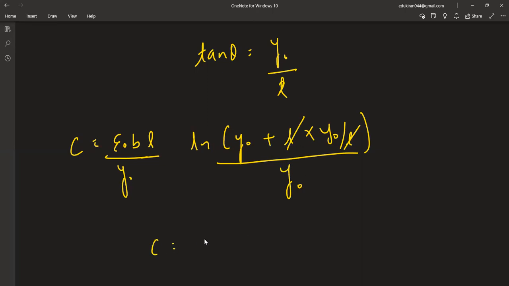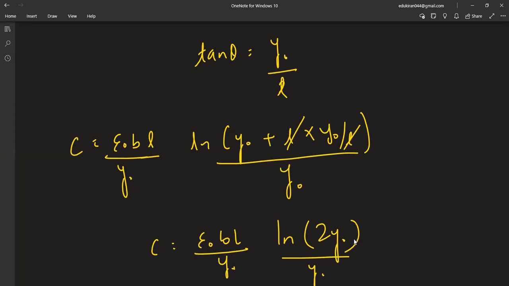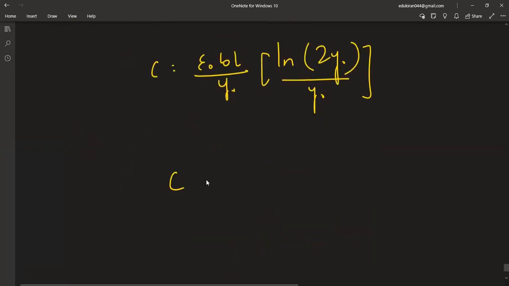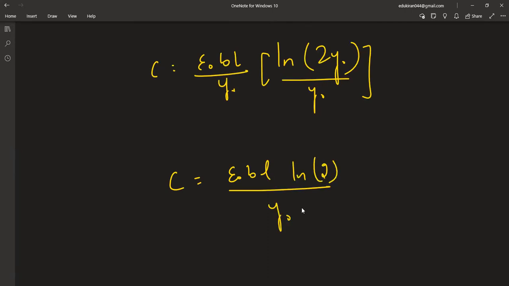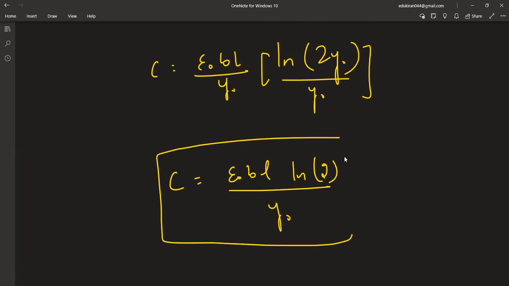This becomes 2y naught. So epsilon naught b L divided by y naught, ln of 2y naught by y naught. So y naught will also get cancelled, and log 2 you are having. So the final answer: capacitance will be epsilon naught b L log 2 by y naught. This is the final answer.